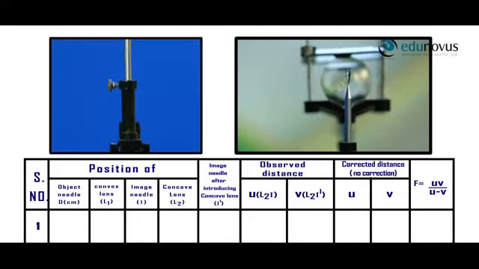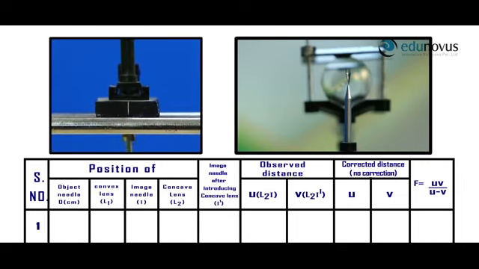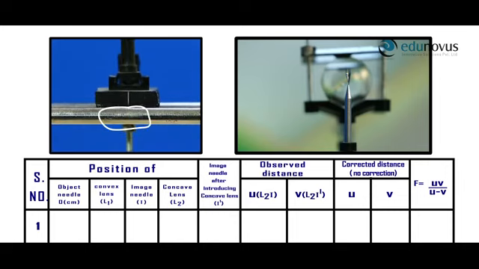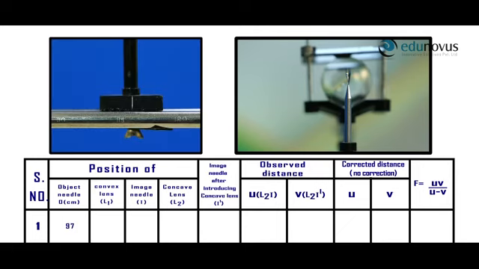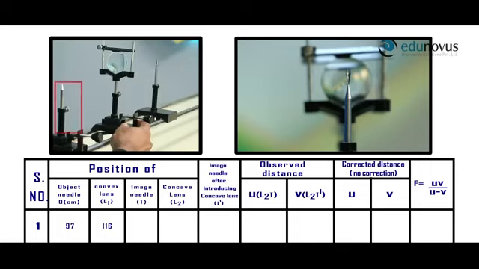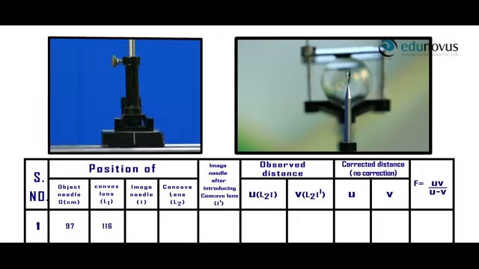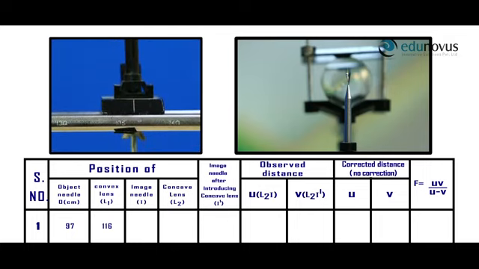The object needle was at 97 centimeters. Convex lens was at a position of 116 centimeters. Image needle was at a position of 136.2 centimeters.